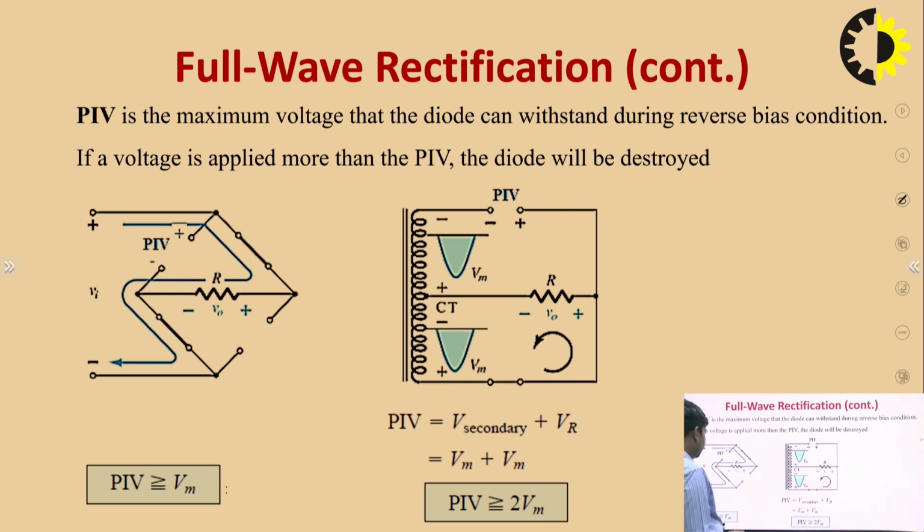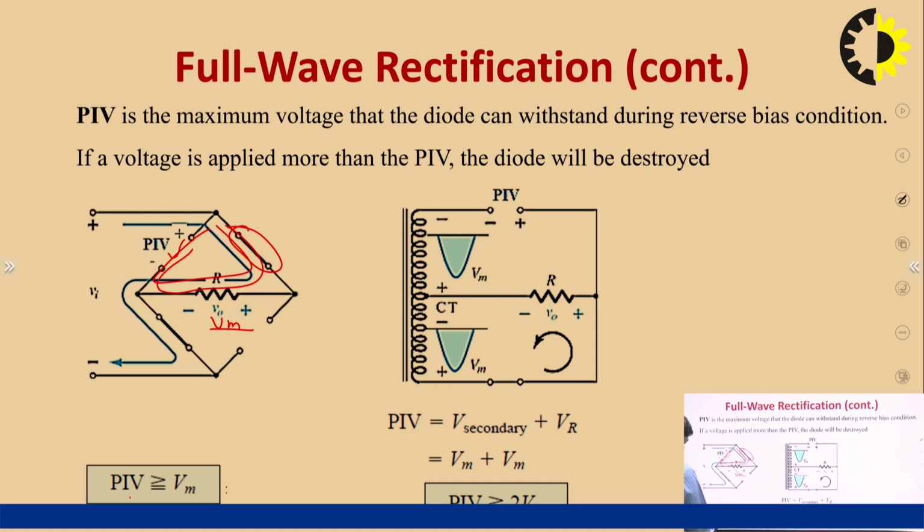So how do we calculate the PIV in the bridge rectifier circuit? So what is the PIV? We look at what the voltage is. This one is a short circuit, and the voltage Vm appears here. So in the bridge rectifier circuit, if we calculate in a particular loop, PIV is greater than or equal to Vm.